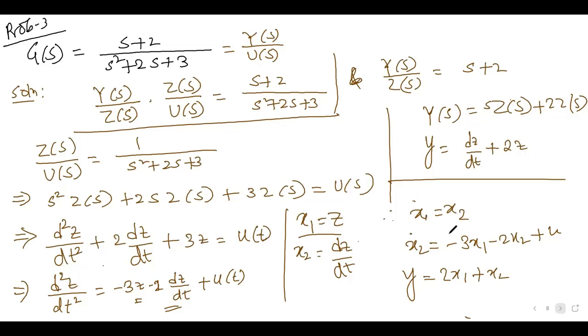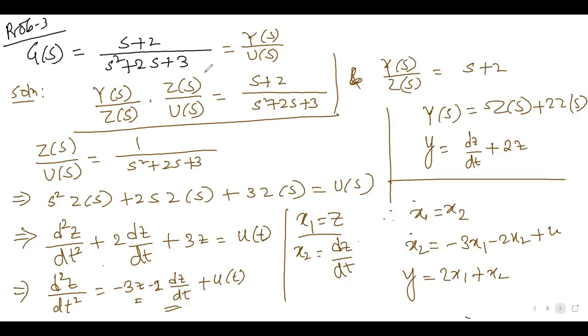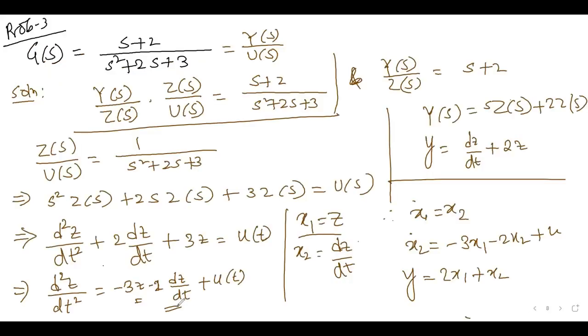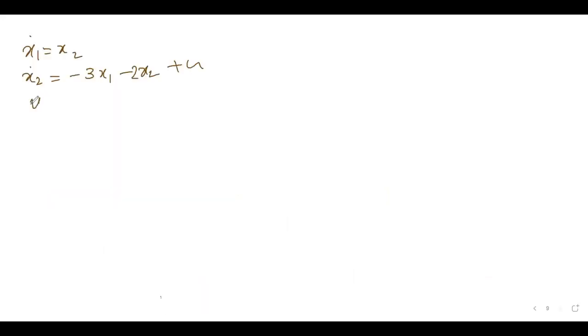What are they? x1 dot equal to x2, x2 dot equal to minus 3x1 minus 2x2 plus u, and y is equal to 2x1 plus x2. Okay, then what can we write now?